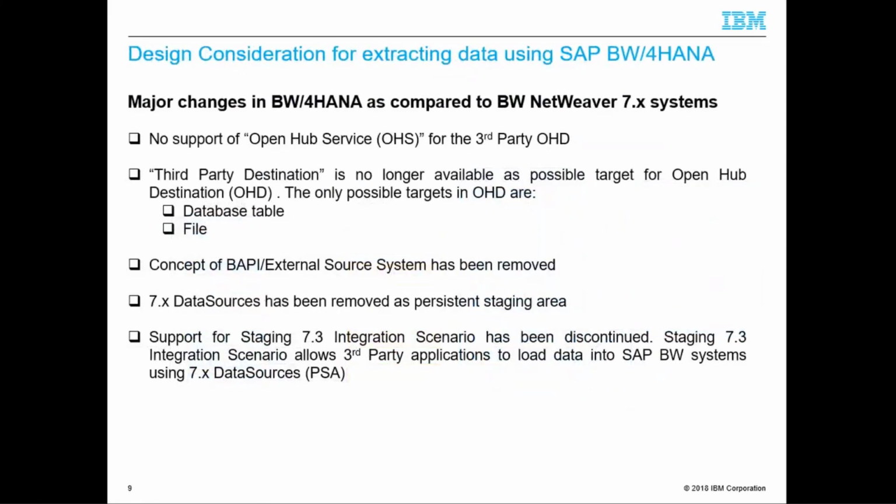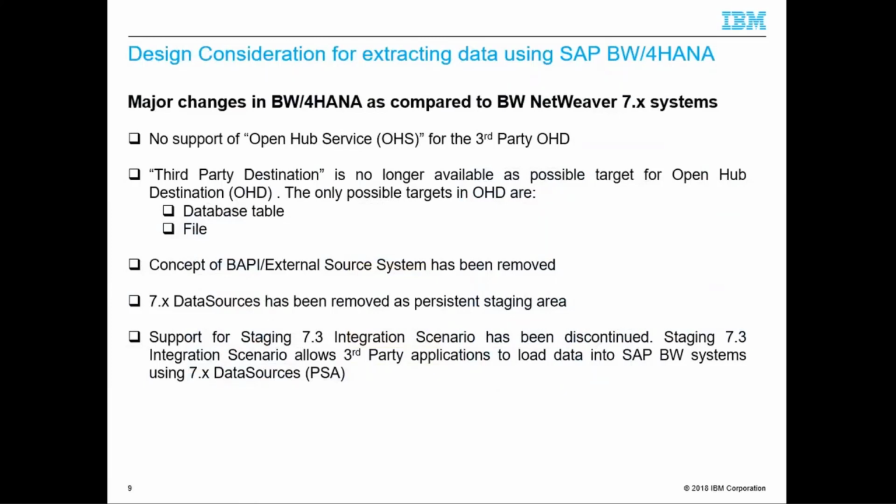Looking at what we have seen so far, these are the changes of SAP BW HANA in comparison to the classical SAP BW system, and because of those changes, there are some changes which are impacting our BW packs as well. Just to summarize the changes we have discussed so far.